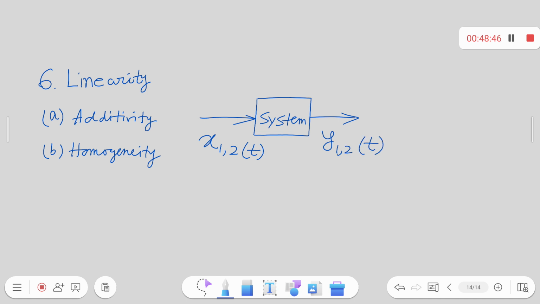If the input is x1(t), the output will be y1(t). If the input is x2(t), output is y2(t). If the input is x3(t), output is y3(t).